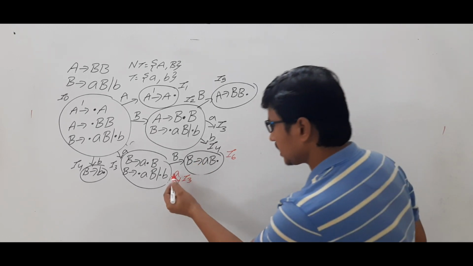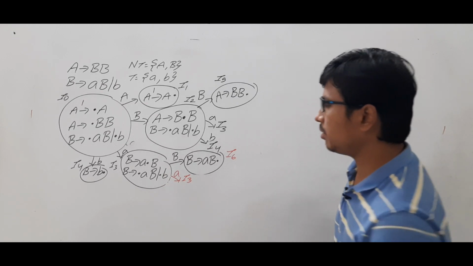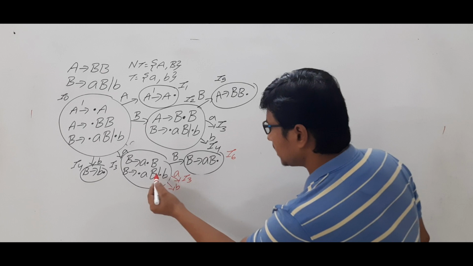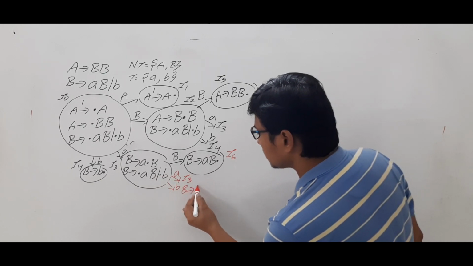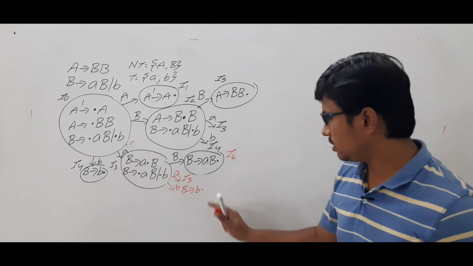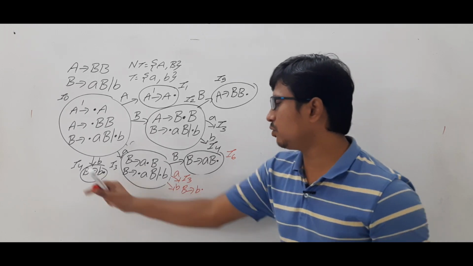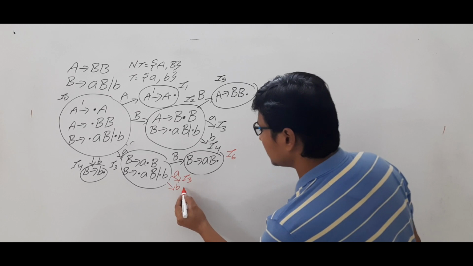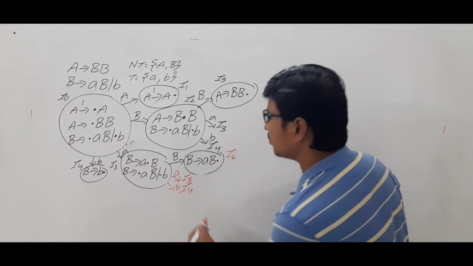Is it clear? Or you can keep the self loop also, no problem. On B, where is it going? B determines B dot, which is equal to I4. So I3 on B is going to I4.